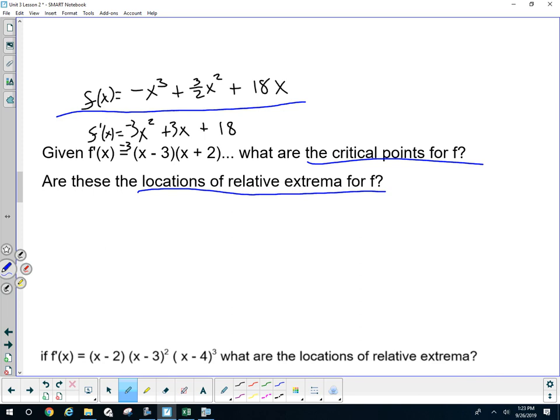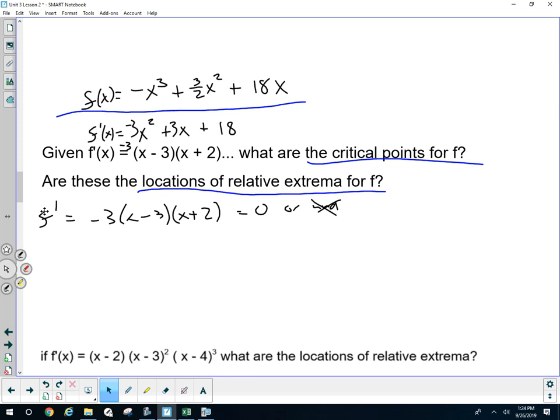You would take the derivative, you would set it equal to 0, see when it's undefined, you would factor to solve. We have this factored form, don't forget about this negative 3. Negative 3, x minus 3 times x plus 2, you would take that and set it equal to 0 or see when it's undefined to find the locations of the critical points for f.